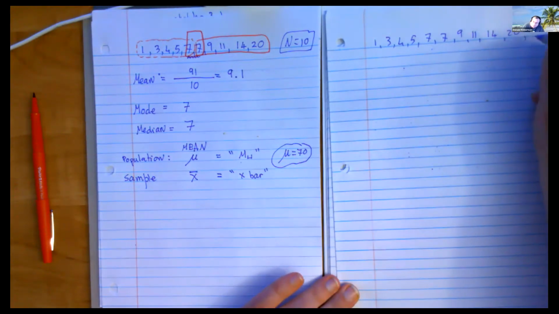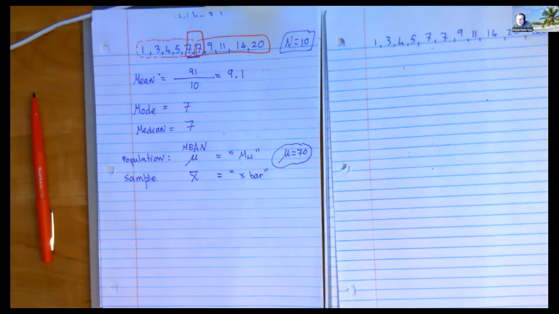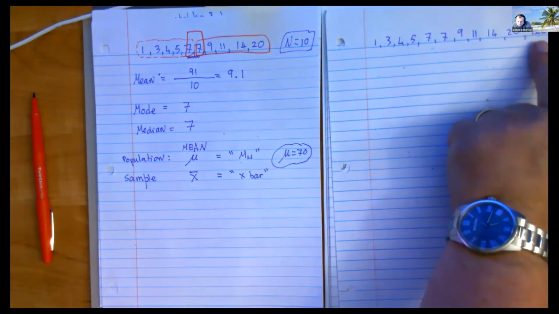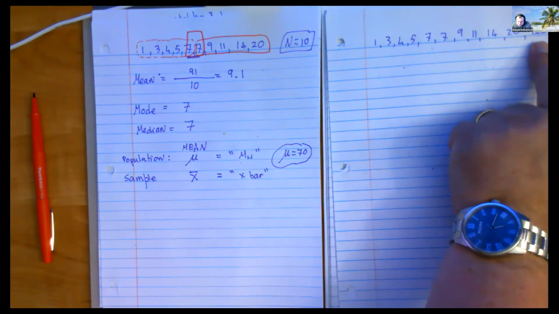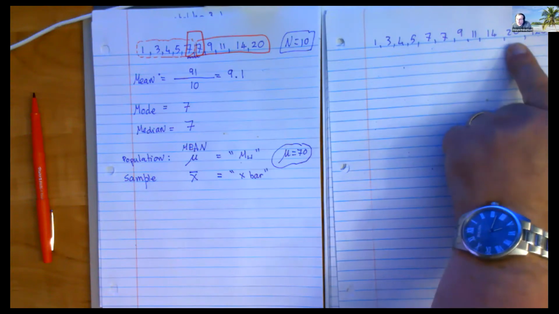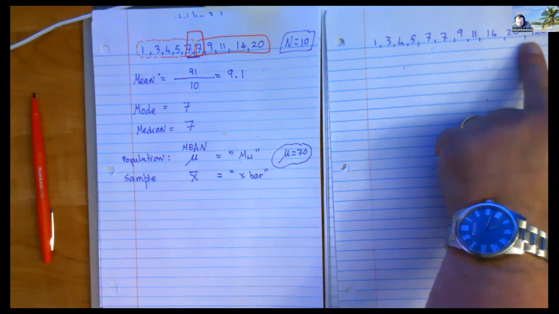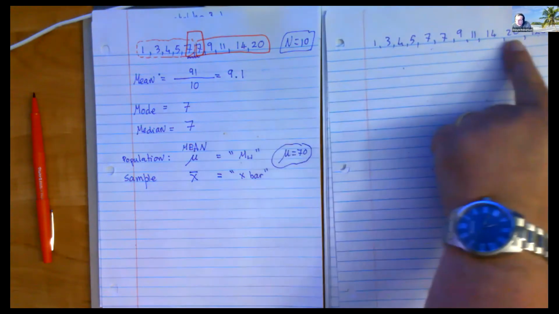Except I'm going to do one more thing. I'm going to add one extra data point. Just by looking at it, isn't 120 an outlier? It's an exceptionally big number, especially when you compare it to the rest of the data.